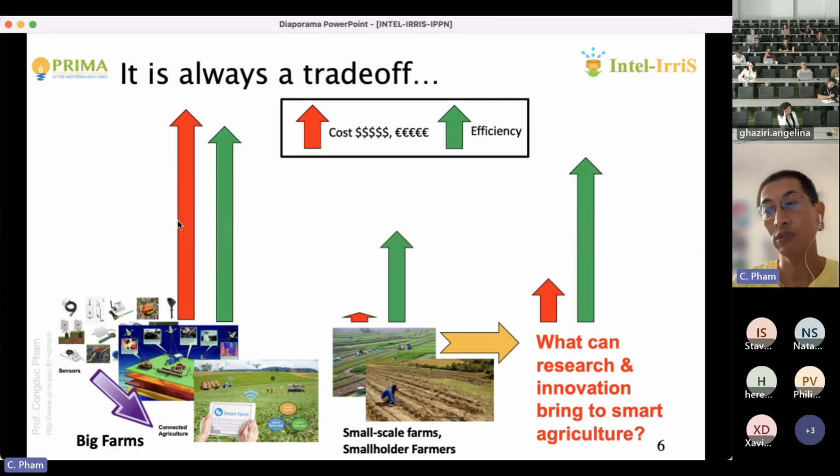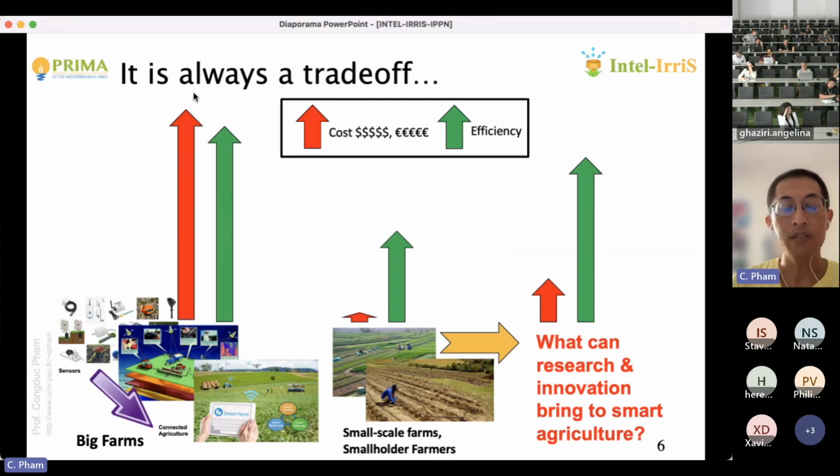Complexity has a big impact on the cost: cost for deployment, cost for maintenance, cost for having people taking care of the technologies and so on. It is always a trade-off.